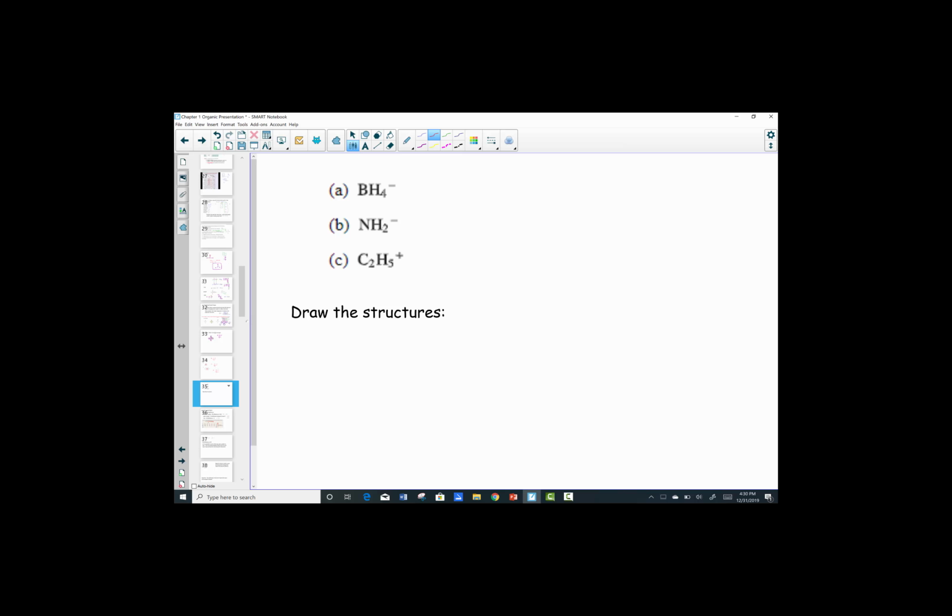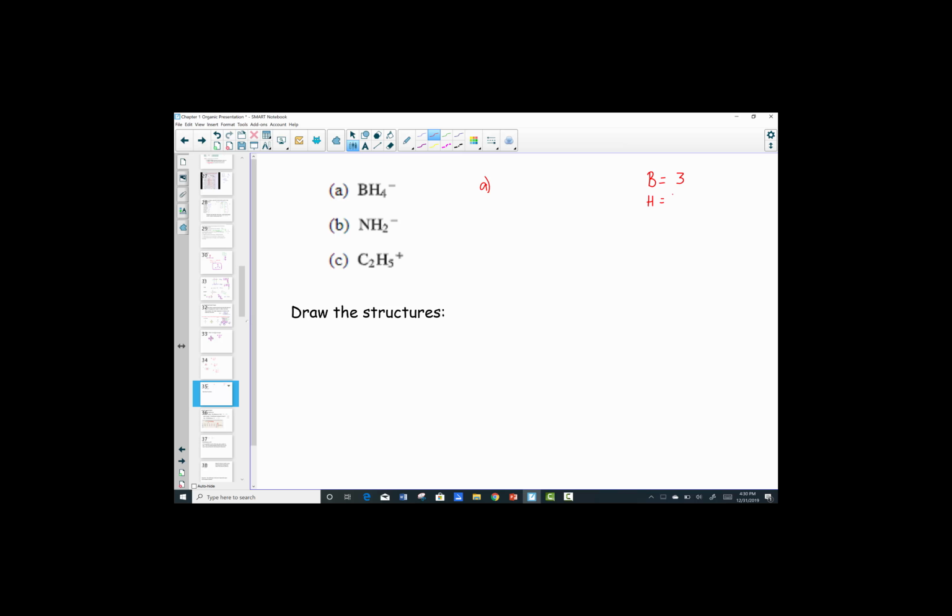Going the opposite way, I wanted to try some examples like this as well. Draw the structures and make sure that you can place the formal charge where it belongs. So let's model that with letter A, BH4 -1. Boron lives in group 3A, so it will contribute 3 electrons.